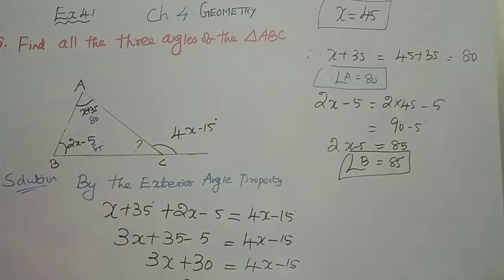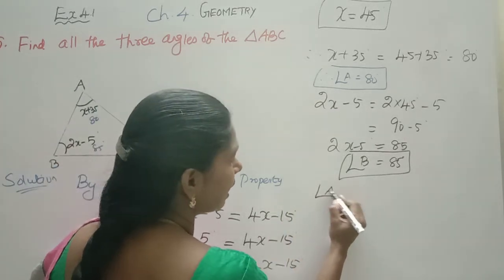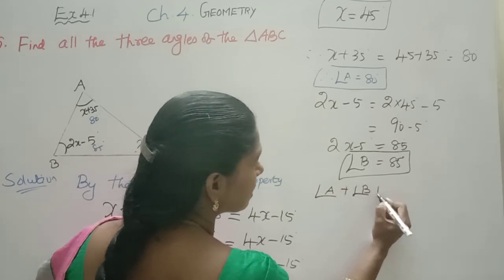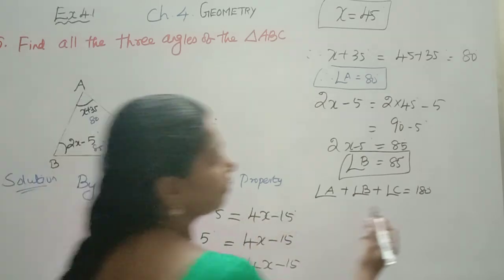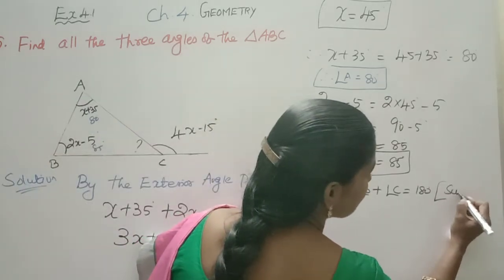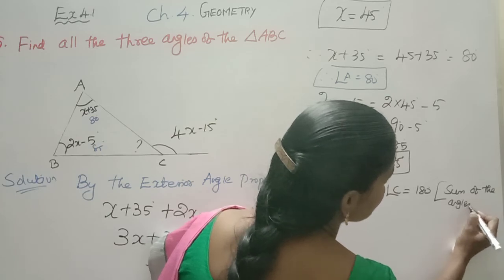What will be the remaining? By the angle sum property, angle A plus angle B plus angle C equal to 180 degrees in triangle ABC.